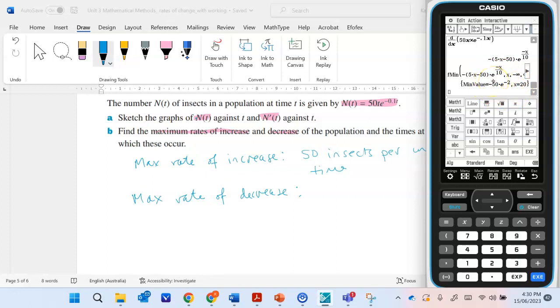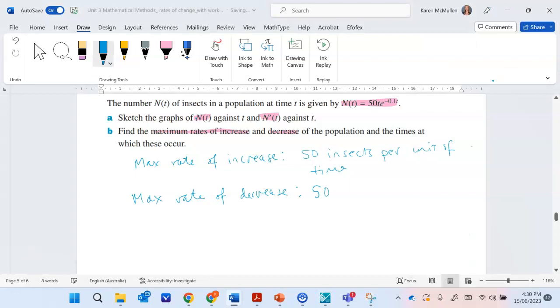So we're looking at the rate of decrease. We don't need that negative there. So it's 50e to the negative 2 insects per unit of time. You could also get that by substituting t equals 20 back into your function. So that's the maximum rate of increase and maximum rate of decrease.